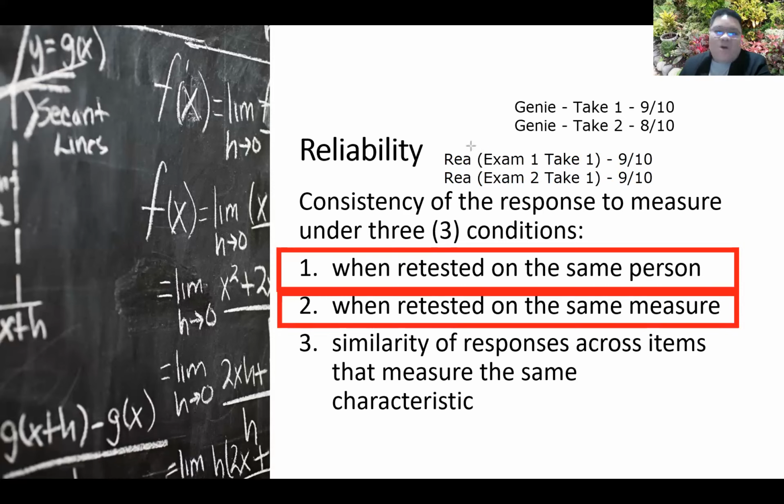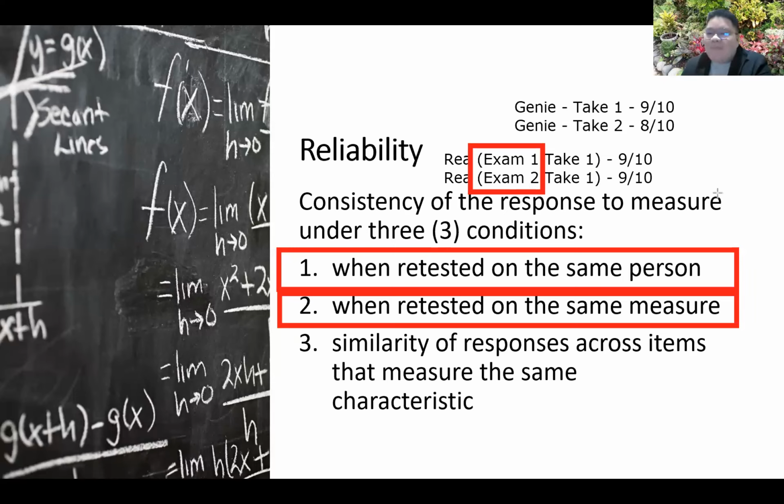Exam 1 and exam 2 here are different exams, but they are the same measure of the knowledge about the types of rocks. So if Rhea scored 9 in exam 1 about the types of rocks, and when I gave exam 2, still about the types of rocks, Rhea still scored 9 out of 10, meaning my examination is consistent, my examination is reliable when retested on the same measures.